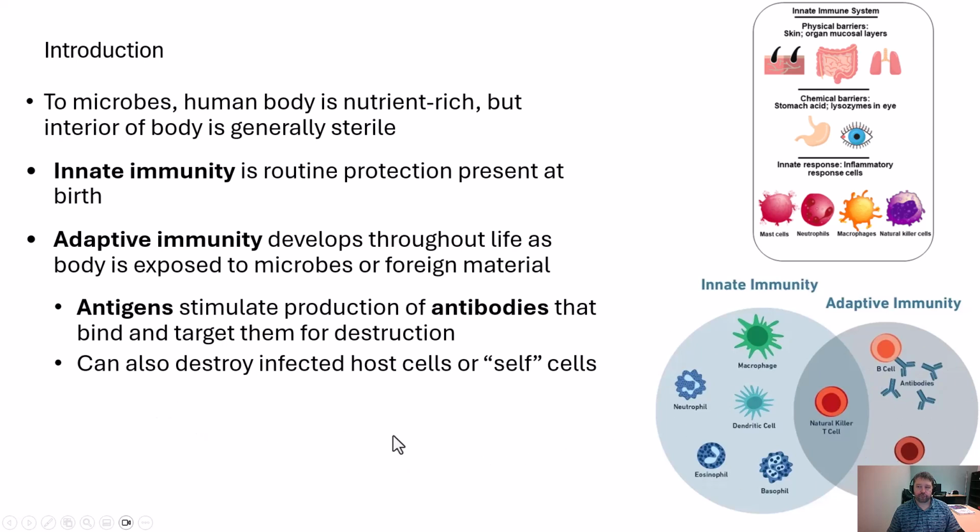Some parts of the adaptive immunity, and we'll get to this, will destroy your own cells. If your cells are cancerous, instead of forming antibodies, they will destroy the cells that might be cancerous. We'll come back to this and talk about it later.